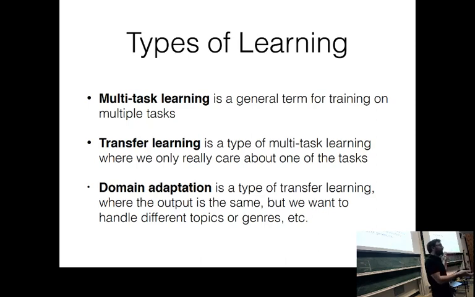The way that a task is defined can be very narrow. You can have the task of translating English poetry into French poetry, and you can have a different task, which is translating English news headlines into French news headlines. And if you view them as different tasks, then this domain adaptation setting is also a multitask setting.